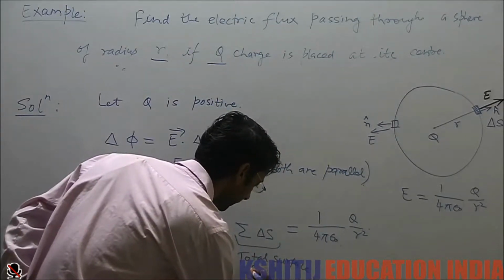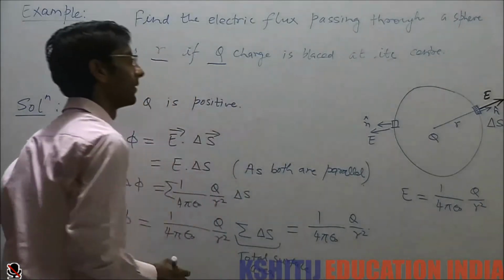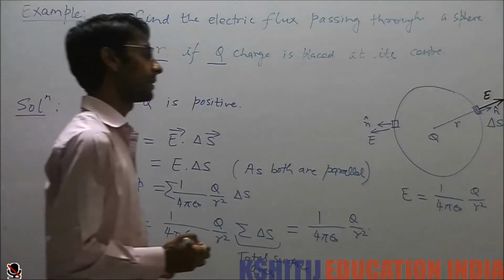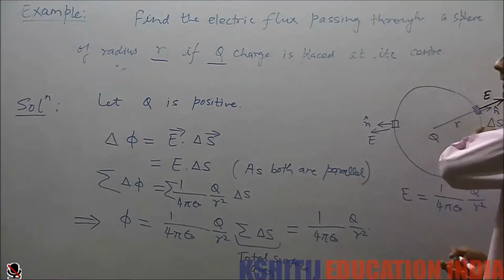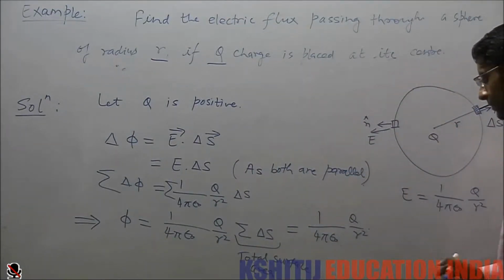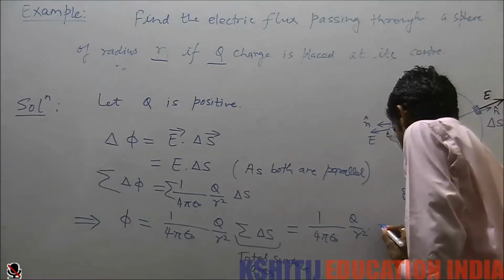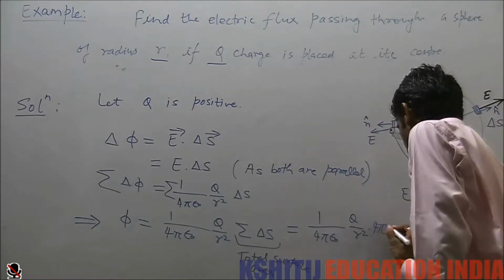And we know what is the total surface area of a sphere. Total surface area of a sphere is 4 times pi r square, where r is the radius of that sphere. So we will write it as 4 times pi r square.